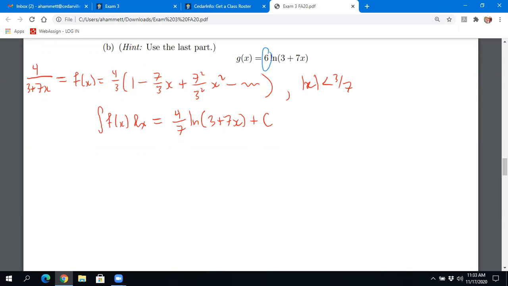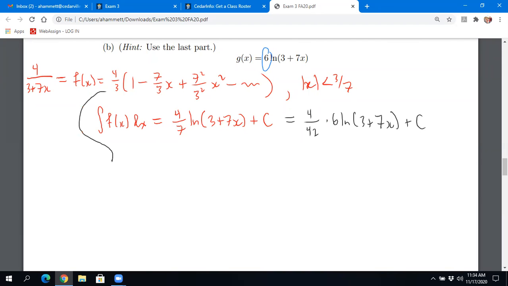Well, this is going to be 4/7. So I multiply 4/7 by 6 and I divide it by 6. And so I go 4/7 or 4 over 42 times 6 natural log of 3 plus 7x plus a constant.